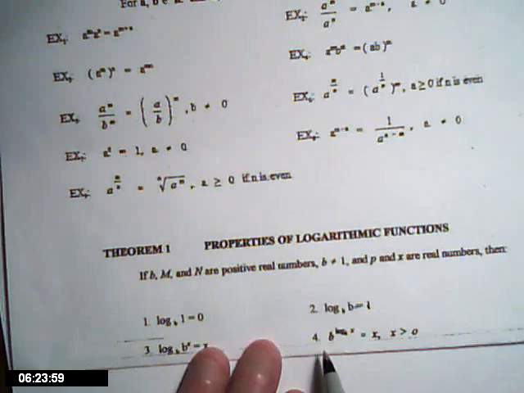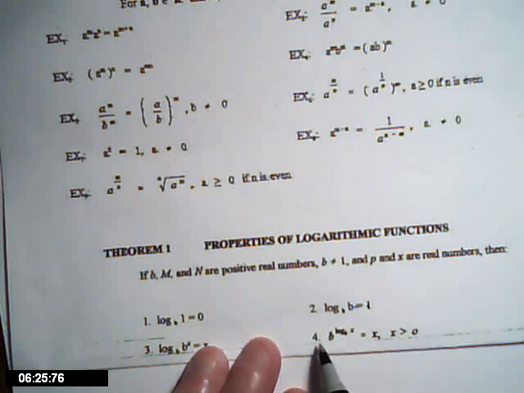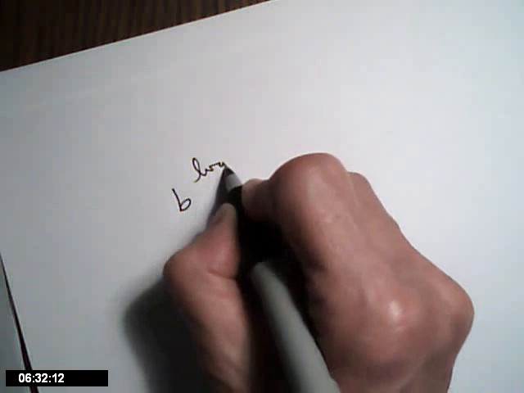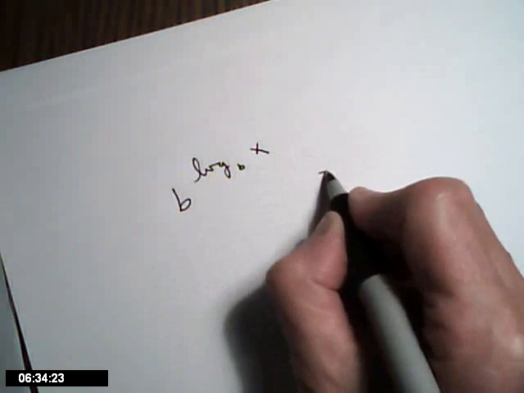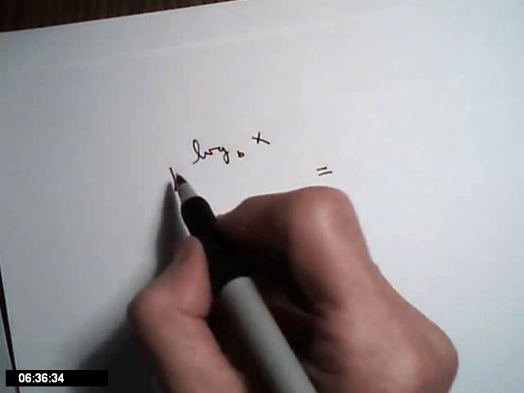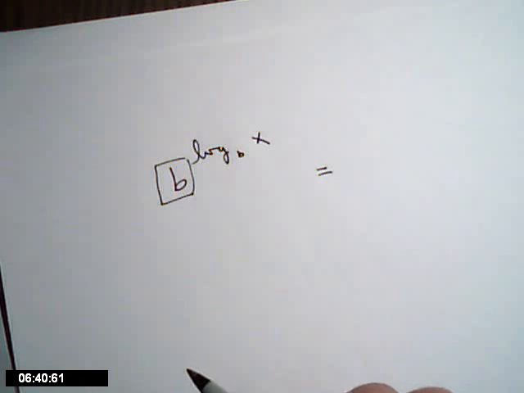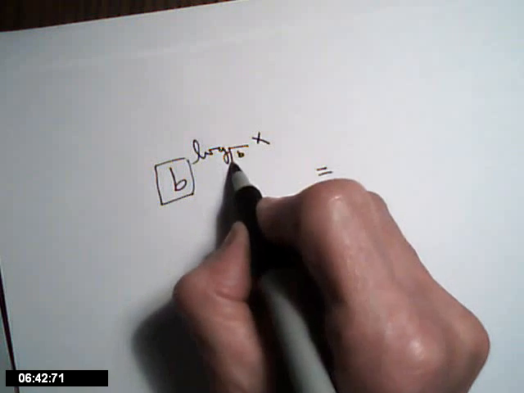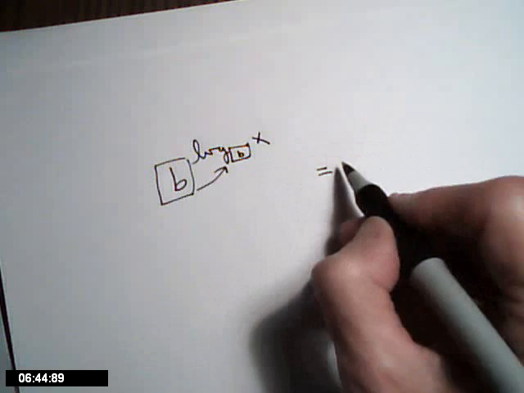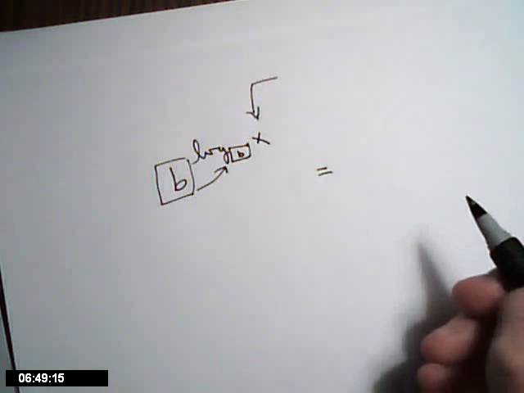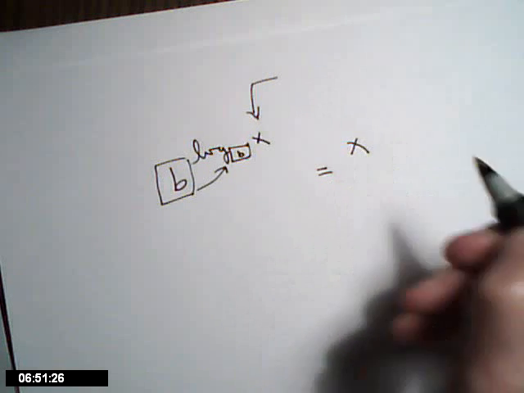There's another one that's quite related, and we'll look at this number 4. I'm going to write it bigger where you can see what I'm talking about. If I have b raised to the log base b of x, now notice this, I have a base b here, and then I have that raised to a power where that base is the same. Then that is going to equal this argument expression, which is x.